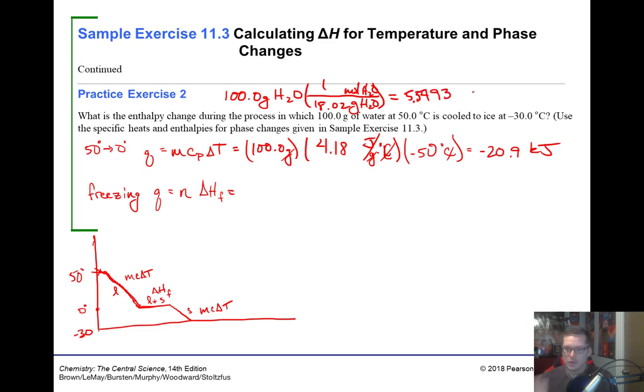And notice I'm not worrying about sig figs at this point because I don't want to round for sig figs early. It might throw things off. So this is the number of moles of water that we're worried about.